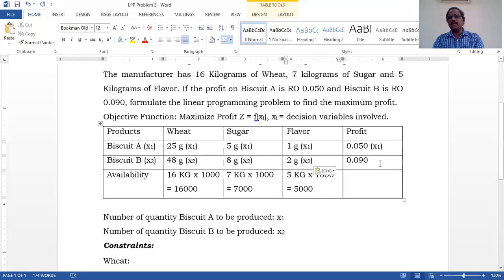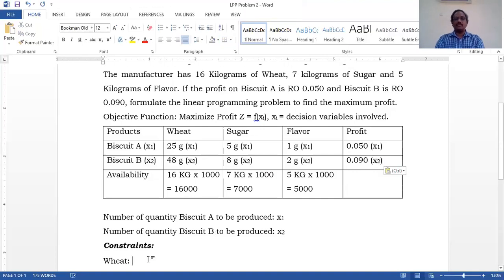This is a very easy idea so that you can understand how to form the constraint. So for wheat, this is 25 x1 plus 48 x2.